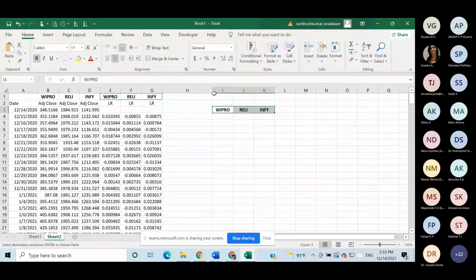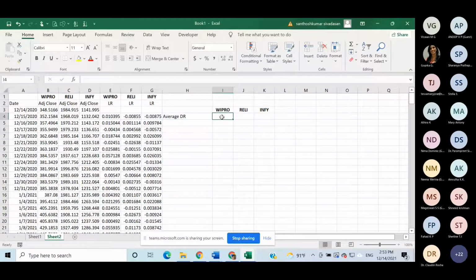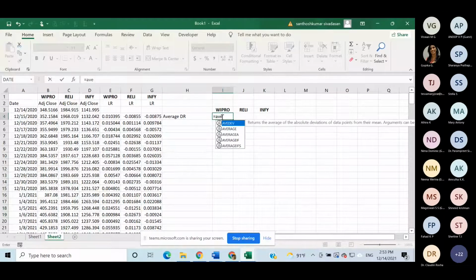So we are computing the average daily return. Average daily return is equal to average. First of all, we are computing Wipro.